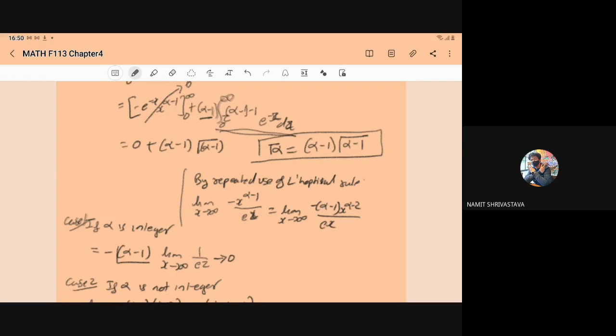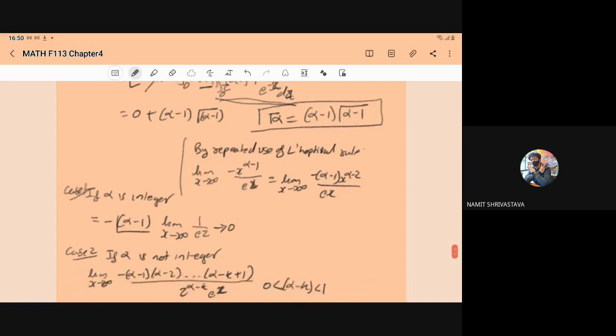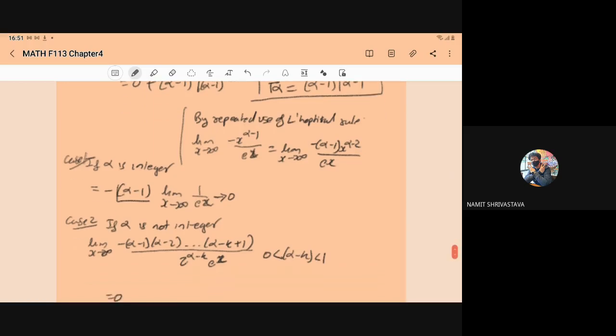When alpha is an integer, continuously deriving, in the numerator it will become minus the factorial of alpha minus 1, and in the denominator it remains e to the power x as x tends to infinity. So 1 upon e to the power x, that is e to the power minus infinity, will be 0.